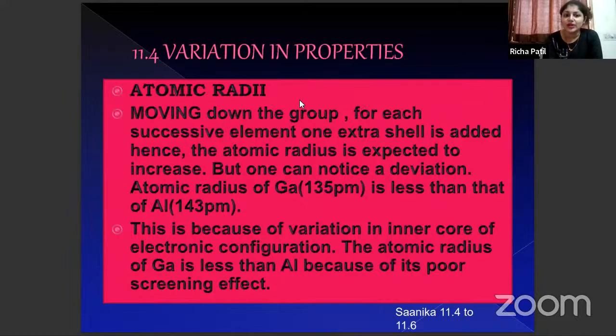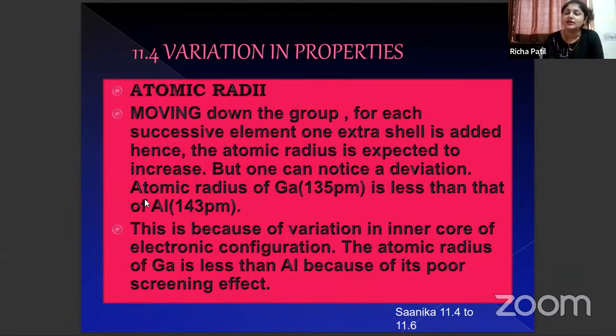So what happens to atomic radii? As you go down the group, atomic radii increase, because of the addition of an extra shell. This is the variation in atomic radii. One deviation is noticed: the atomic radius of gallium is 135 picometers, which is less than that of aluminium, 143.